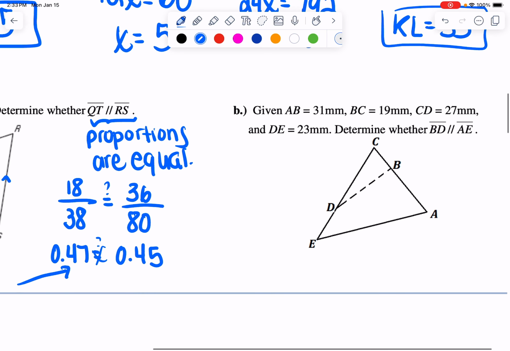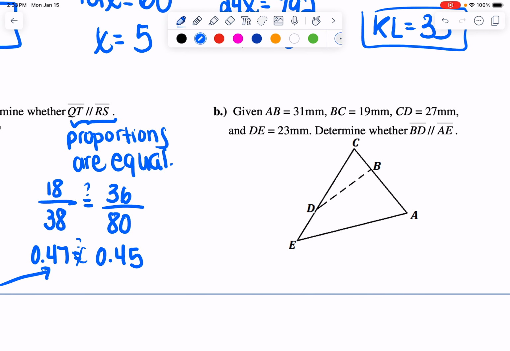Let's do a similar one, but let's now label our parts. Given AB is 31, BC is 19, CD is 27, and DE is 23. We need to determine if BD is parallel to AE.